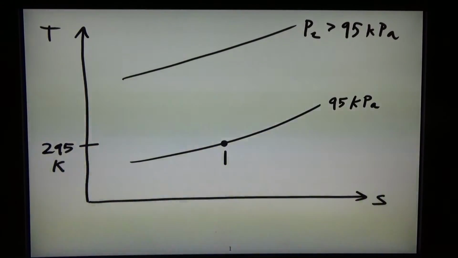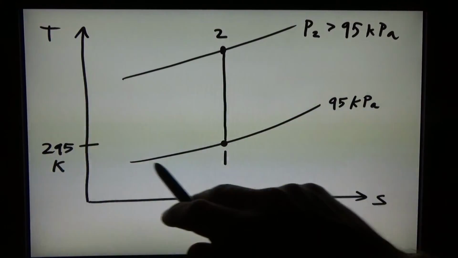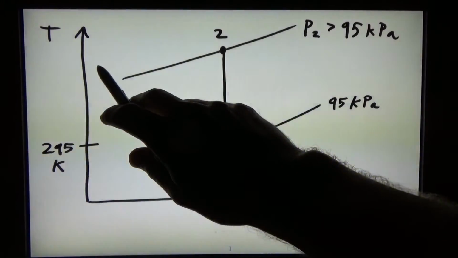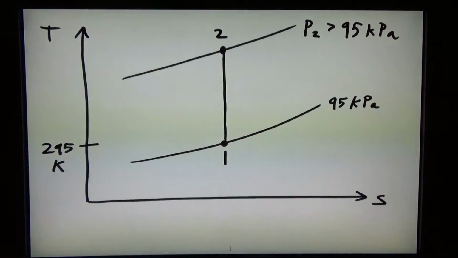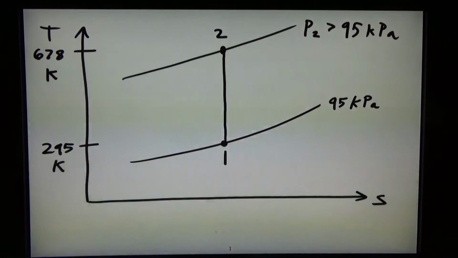We know that because it's being compressed, so that should raise the pressure. That means we go vertically up to state 2, and if you look at the temperature here, 295, here our temperature is much higher. And actually this is what we calculated as 678.